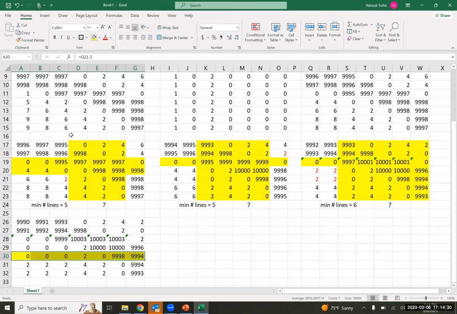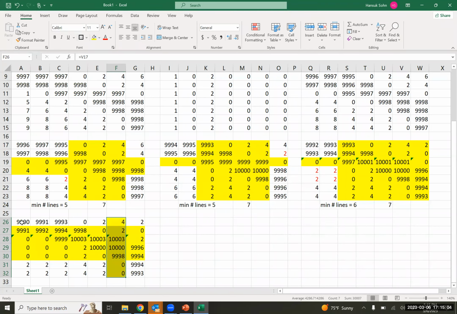So 1 and 2 and, okay, maybe 3 this way and 4 and 5.